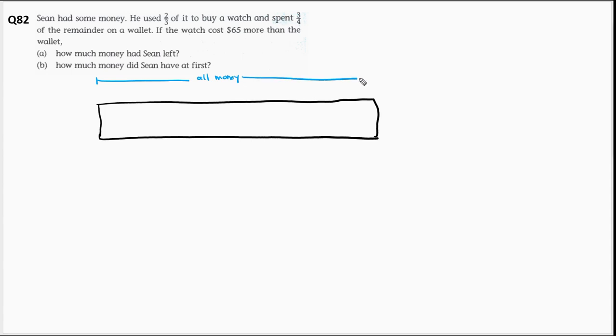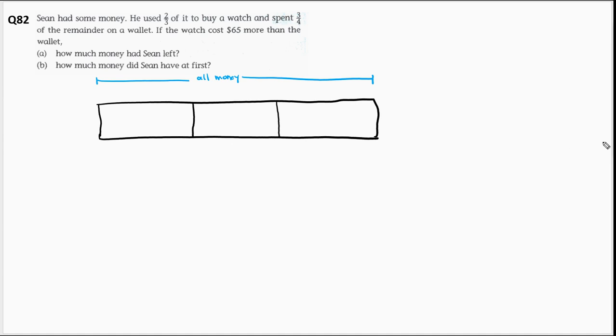Right. And it says he used 2/3 of it to buy a watch. So what we're going to do is to split this bar into thirds. So all of the money has been split into thirds, and he used 2/3 to buy a watch.